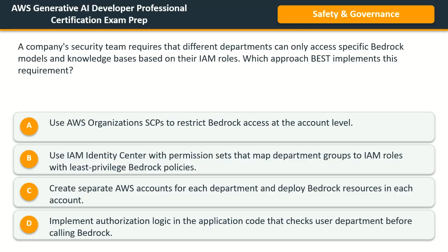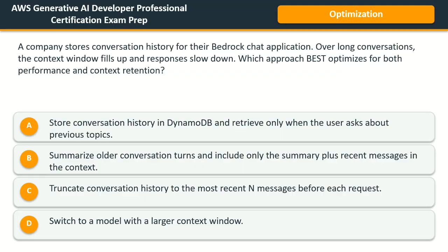Correct answer is B. Company stores conversation history for their Bedrock chat application. Over long conversations, the context window fills up and responses slow down. Which approach best optimizes for both performance and context retention? Option A, store conversation history in DynamoDB and retrieve only when the user asks about previous topics.